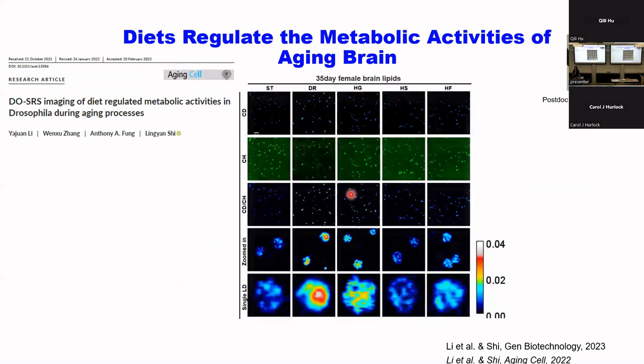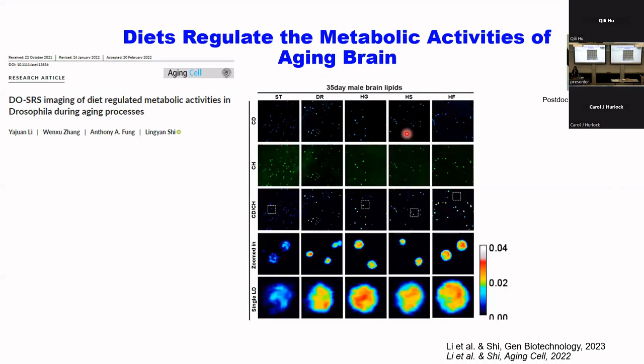So what is different between male and female? When the males eat more sugar, they still maintain high metabolic activity, but when females eat more sugar, they reduce the metabolic turnover rate in the brain lipid droplets. That means the female brain perhaps functions badly when they eat too much sugar, but the male still maintains strong metabolism and is relatively okay.